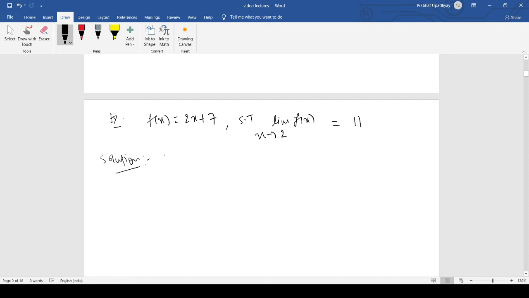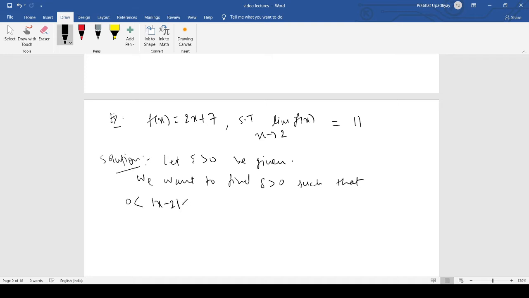Again, let epsilon greater than 0 be given. We want to find delta greater than 0 such that 0 less than mod x minus 2 less than delta implies mod of f of x minus 11 is less than epsilon.